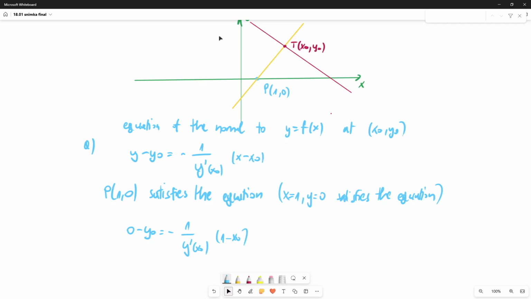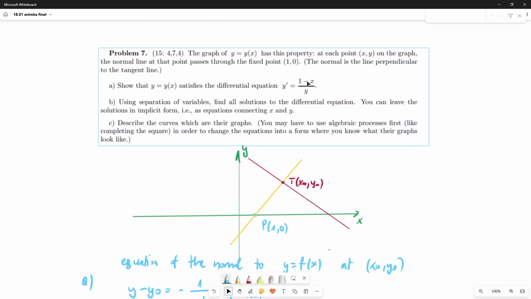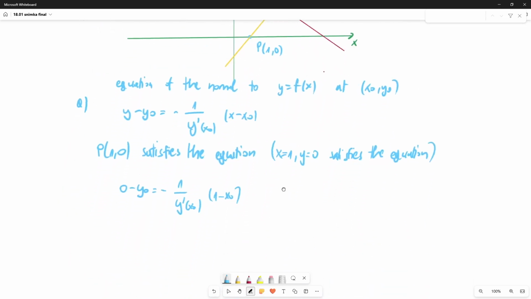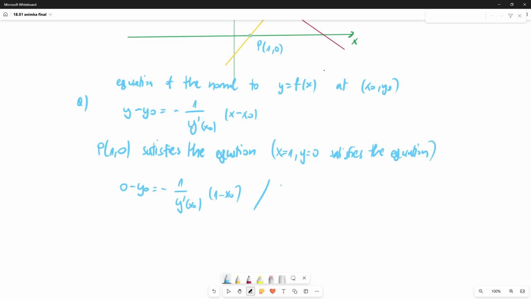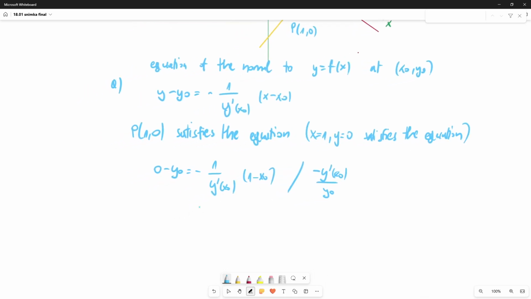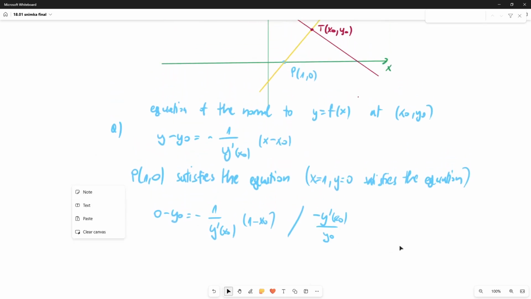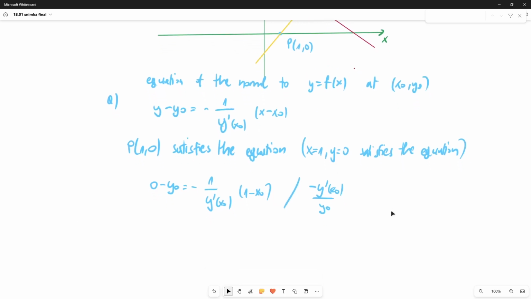Since we are looking for the differential equation such that y prime is on the left hand side and it's positive, we will multiply this equation by minus y prime at x0 over y0. We need to be mindful that y0 cannot be 0 for this multiplication to work.